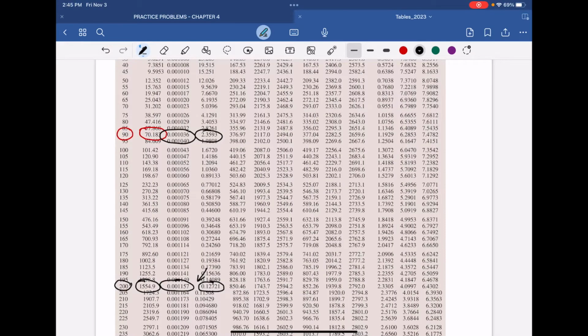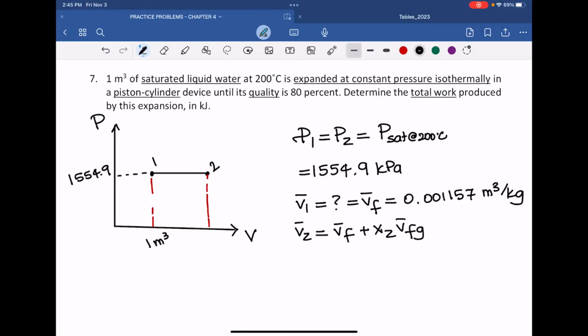Let's check again. Correct. Let's now calculate the specific volume at the second state, where we need to use quality because it's a mixture.